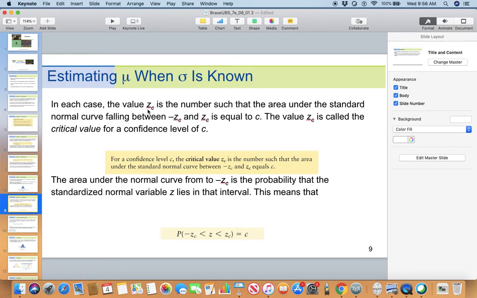In each case, the critical number ZC is the number such that the area under the standard normal curve between negative ZC and ZC is equal to C, your confidence level.